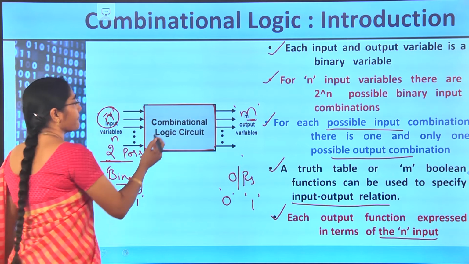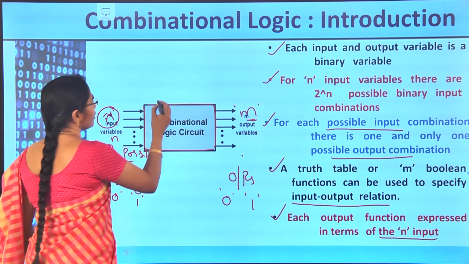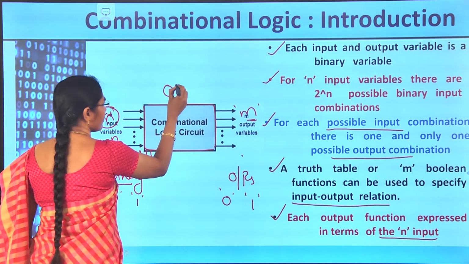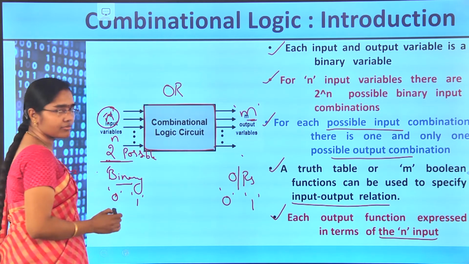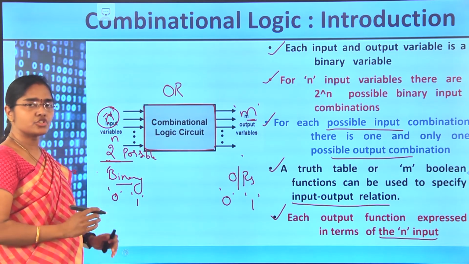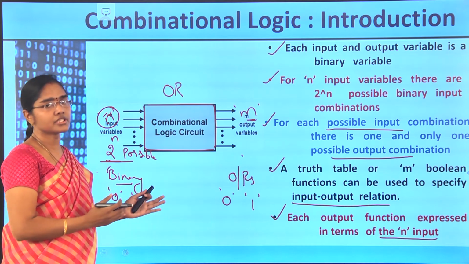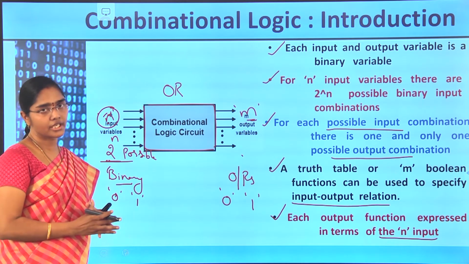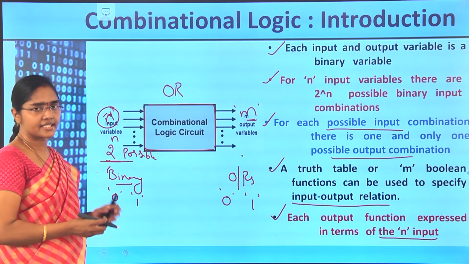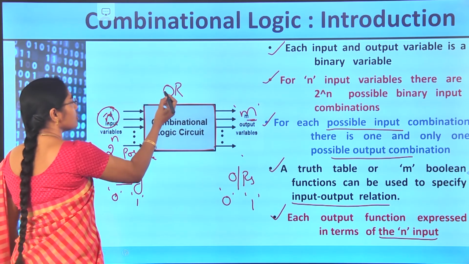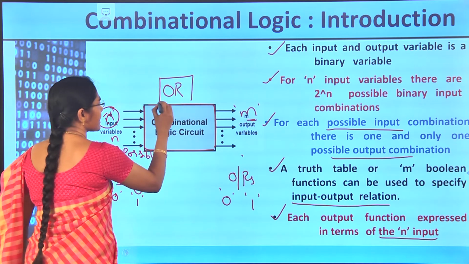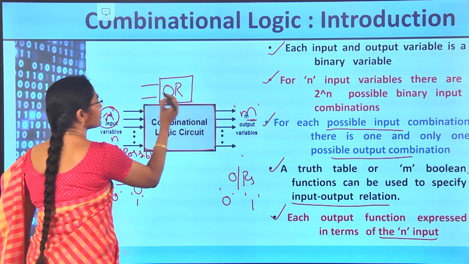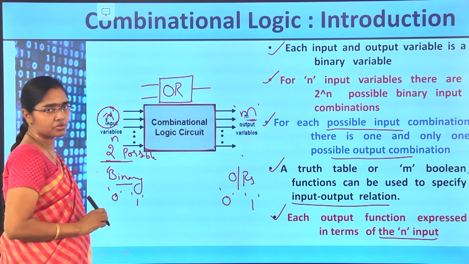For example, we already know logic gates, so let us take one logic gate, the OR gate. Let us assume this OR gate is a combinational circuit, because a combinational circuit is nothing but a combination of gates, and here only one gate is there. Let us take this as a 2 input, 1 output combinational circuit.